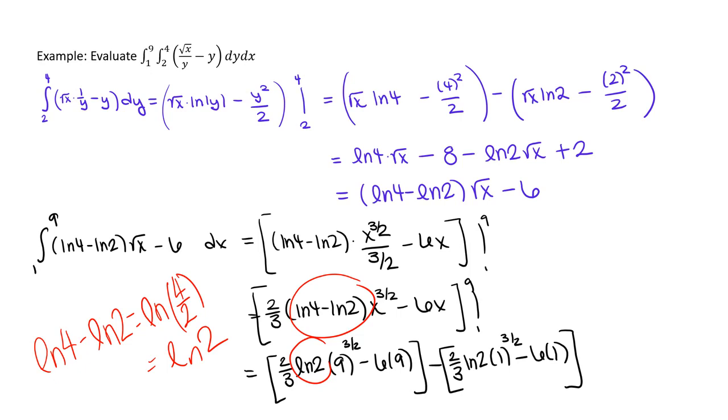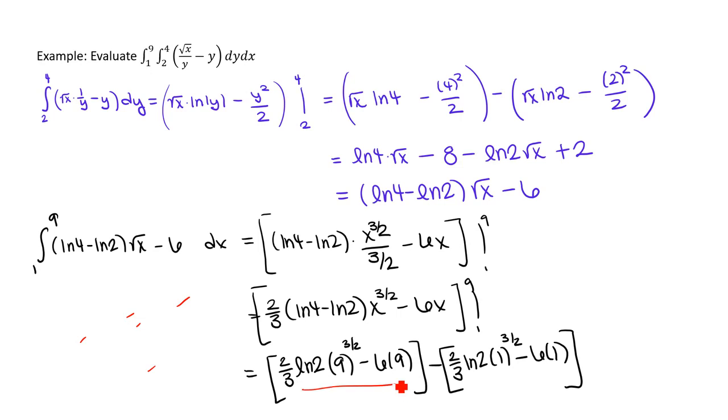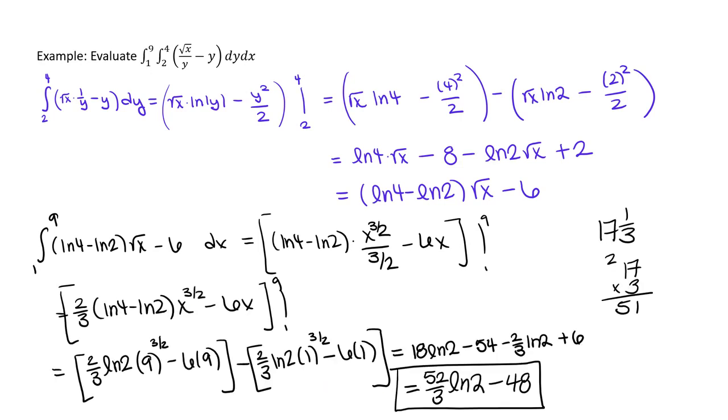Okay, so now I've got 2/3 ln 2, and then I plugged in the 9, so 9 to the 3/2 minus 6 times 9. So that's right here, and then I'm going to plug in the 1 and subtract them. So lots of arithmetic. Hopefully I didn't make any mistakes.